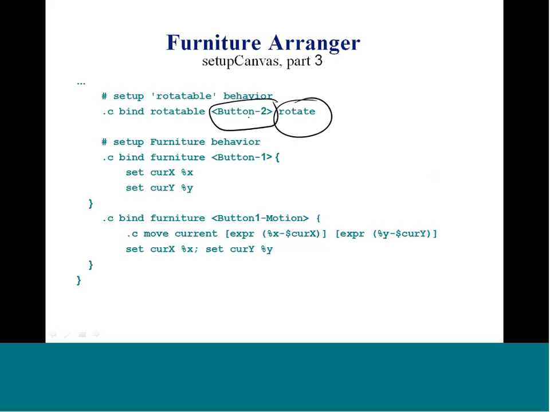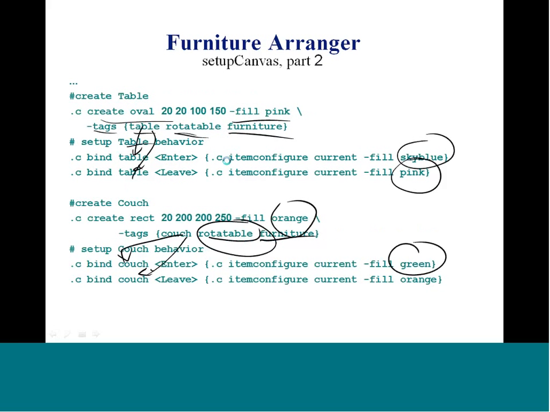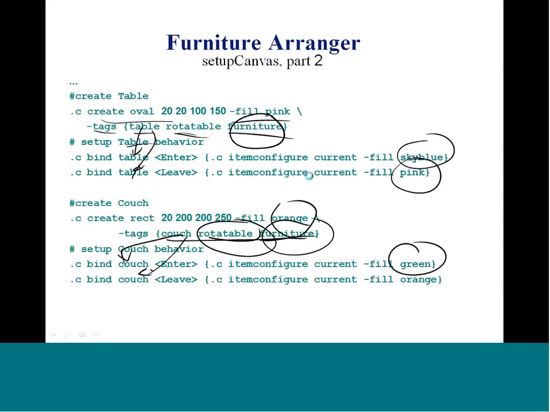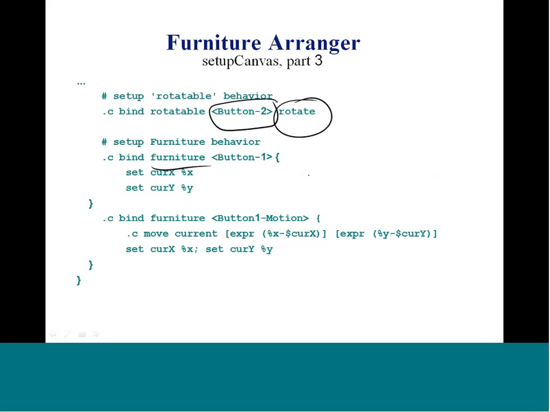And then we also need to set up the furniture behavior, because that is the highest level of hierarchy in these tags. Basically this is furniture, this is furniture, and the chair is also furniture. The way we define the furniture behavior is with button 1, where we capture the current X and current Y. Then we also generate the motion, so once you click on it you can grab it to move a particular piece of furniture.